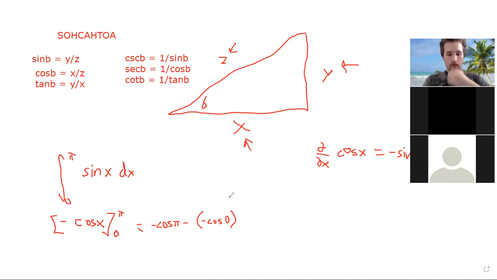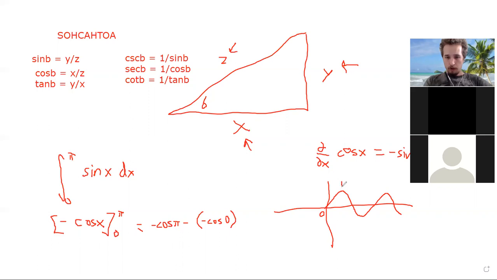Okay, so from here, we have to go to the unit circle. And so when you use the unit circle, cosine of pi, you can actually look at the graph too. So I'm not sure if you're familiar with the graph. This is the graph of sine. So it starts at 0.